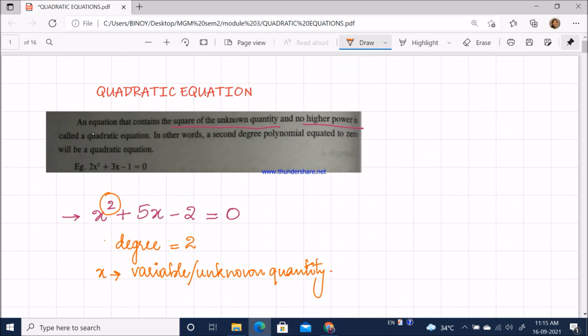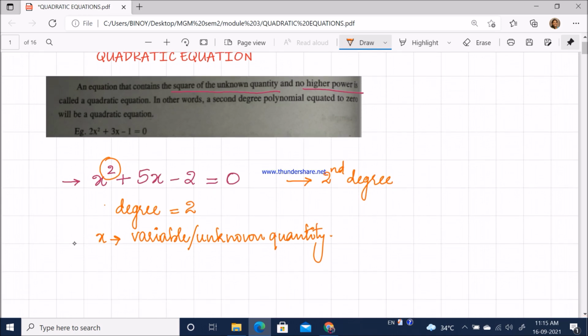So according to the definition, an equation that contains the square of an unknown quantity and no higher power is called a quadratic. So the highest power of the variable is 2. So always a quadratic equation is a second degree polynomial equated to 0.